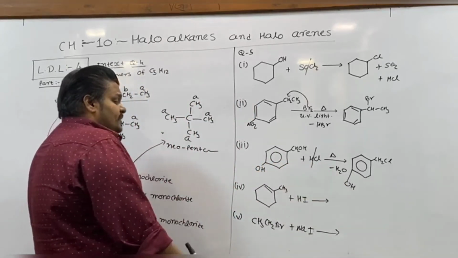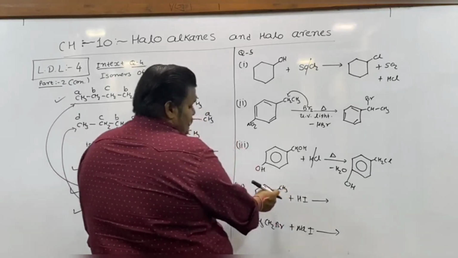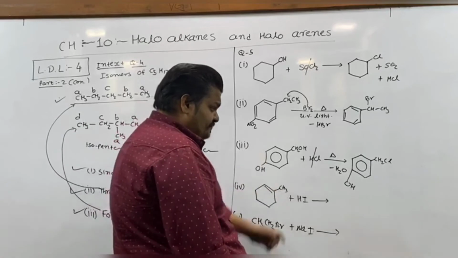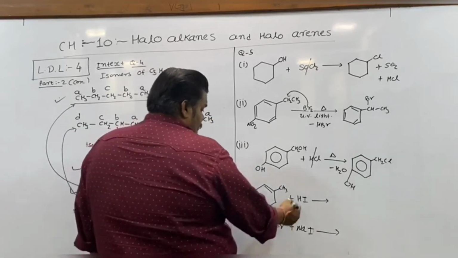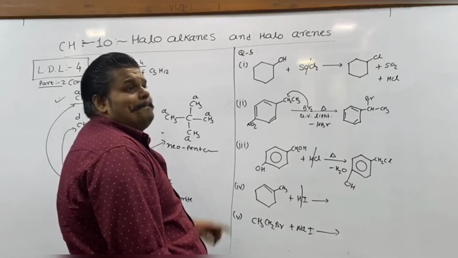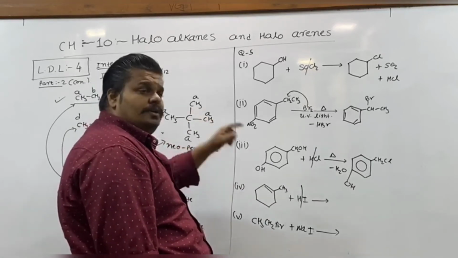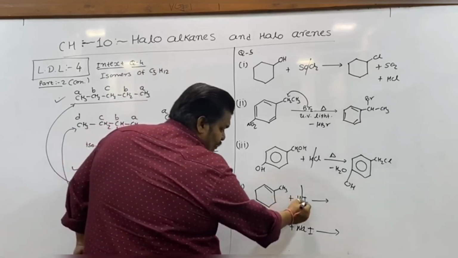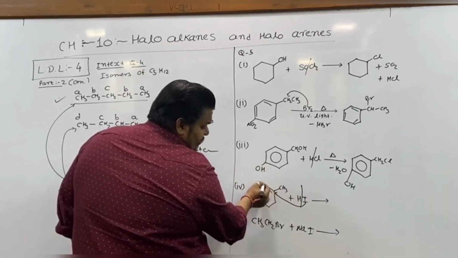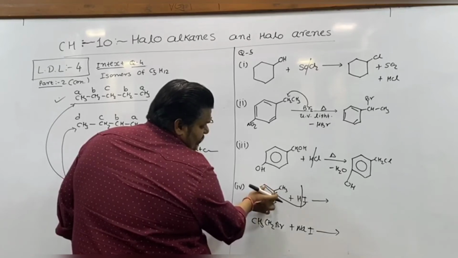The next one is a reaction of HI with a cyclohexene having a CH3. Again, a halo acid reaction. It will follow Markovnikov's rule, in which the more negative part will associate with the carbon having the lesser number of hydrogens. Here we have a double bond containing two carbons.